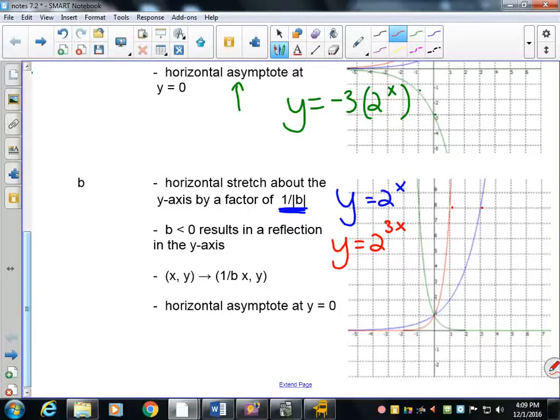Now, if we look at the green graph, it's showing you we squished it by a third, but then we also flipped it around the y-axis. So that is changing your b value to a negative. So just be careful. If it switches from an increasing to a decreasing graph, you might just be flipping your b value, from a positive to a negative or a negative to a positive. Okay?